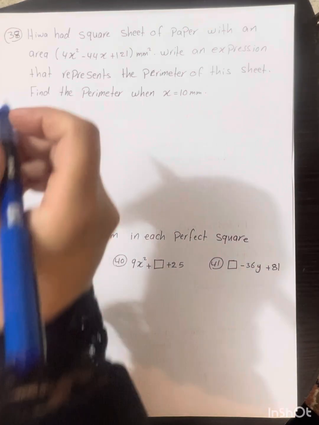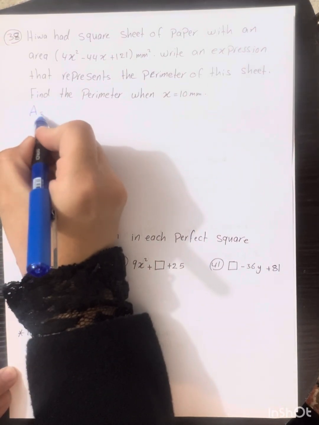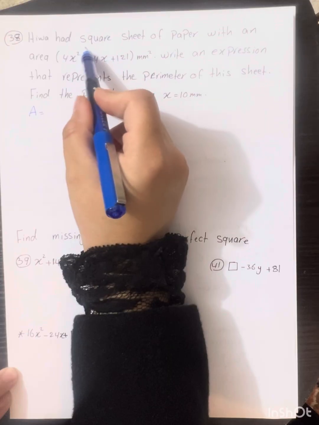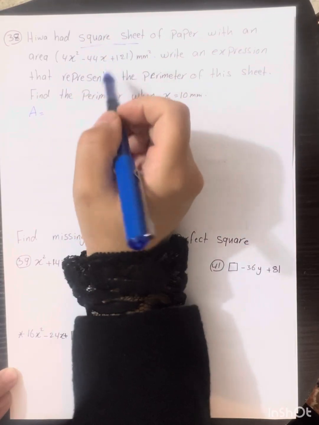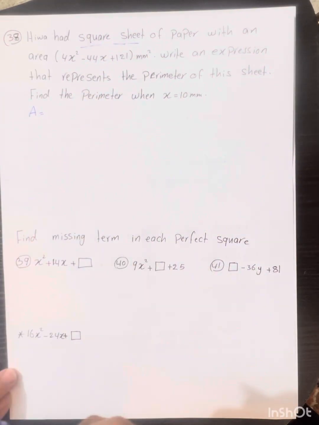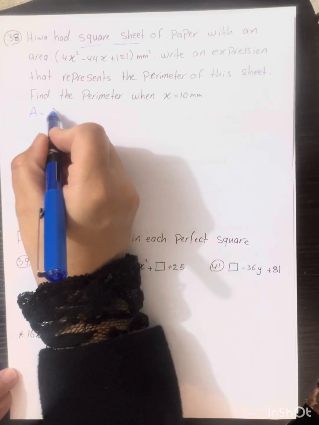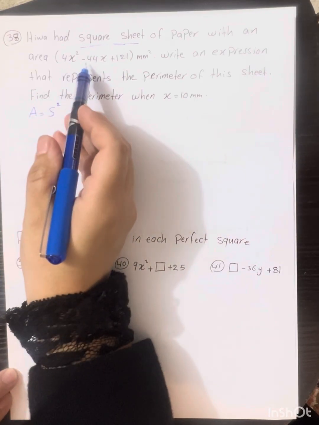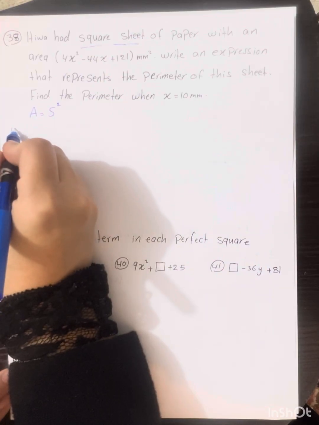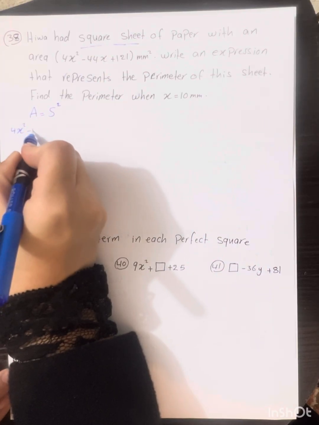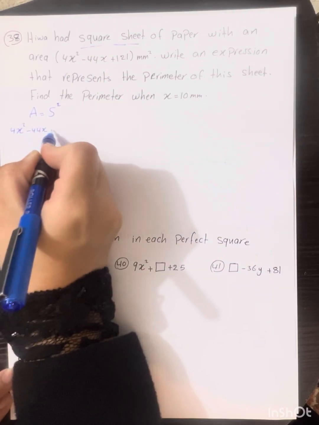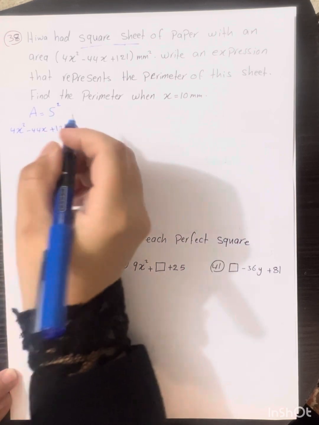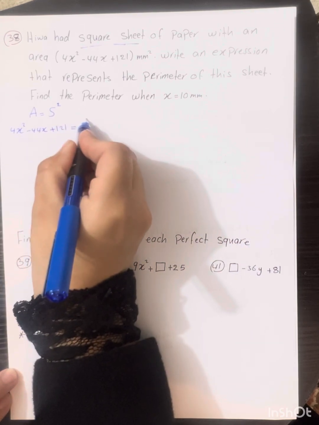So I will write area equals, because the question says square sheet, that means we have a square shape. The area formula for a square is s power of 2. So the area is given: 4x power of 2 minus 44x plus 121 equals s squared.